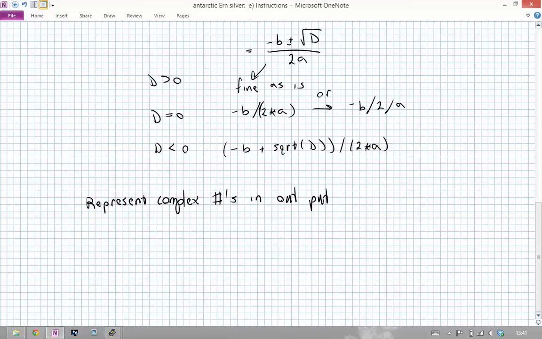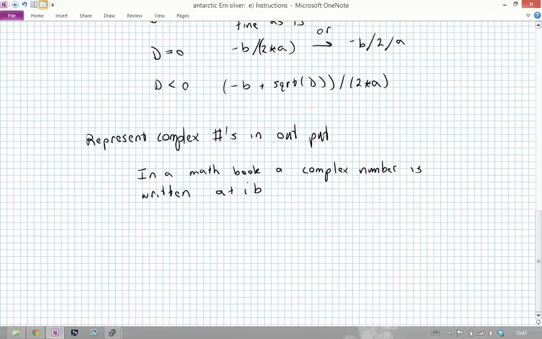So, in a math book, a complex number is written a plus ib, where i is the symbol for the square root of negative 1.